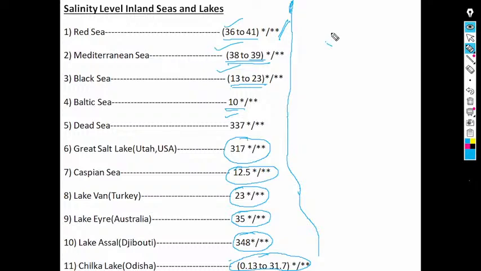Here I can say this is the area: Red Sea, Mediterranean Sea, Black Sea, Baltic Sea. Which area? Red Sea. If I say the location particularly, where is the location?